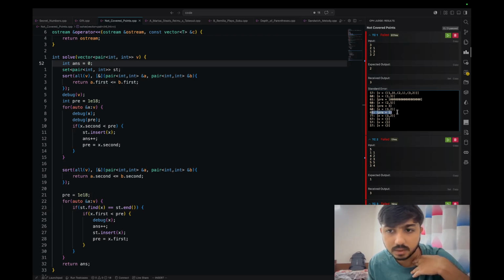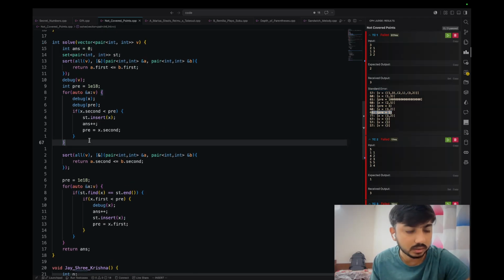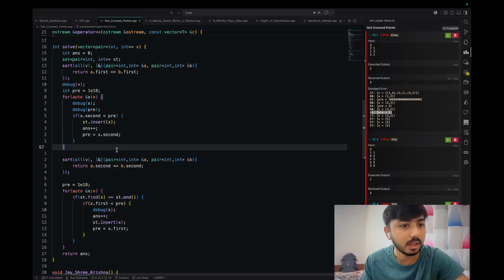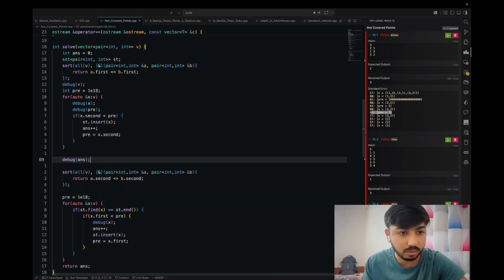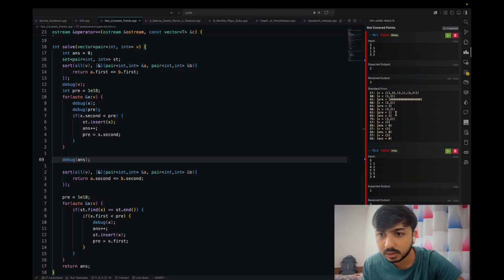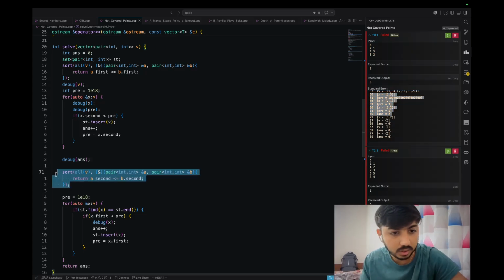X is this, previous is this. Wait, I think it is considering from the opposite side. Till now, my answer will be 2. That is what I'm thinking. Yeah, answer is 2. Can I sort it this way?